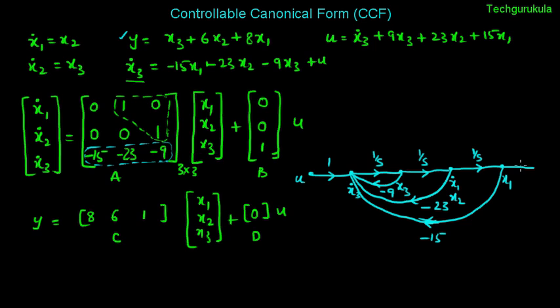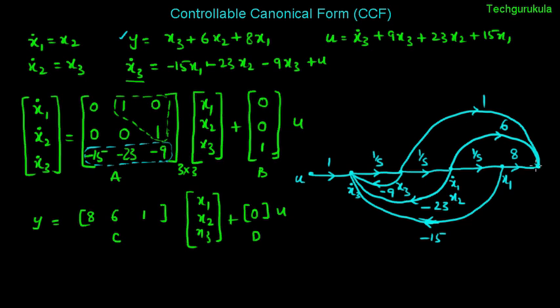So I'll take a signal from here, 8 times x1, but not just that, it depends on x2 and x3. So x2 is here, 6 times x2. So I'll add here 6 times x2, and we have 1 times x3. So let me take it here, 1 times x3.